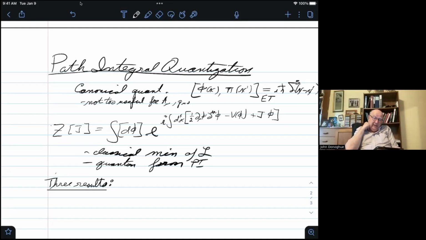Very different approach, but much more suitable for things like gravity.